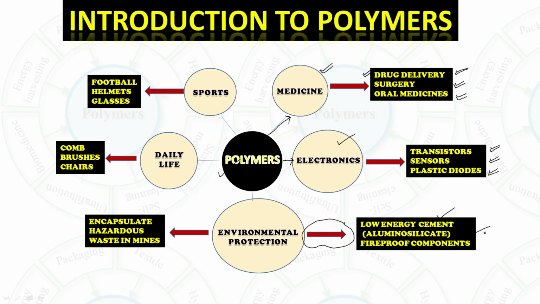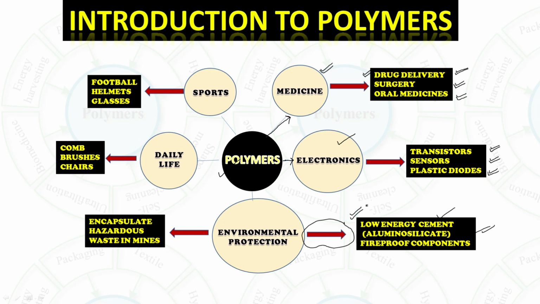The manufacturing of this aluminosilicate cement requires very low energy, and when energy is low, you are spending a low amount of energy or fuel on this system, and in turn you are also emitting a very limited amount of poisonous gases into the environment. But in high energy processes, you impart a very high amount of energy and a very large number of pollutants to the environment.